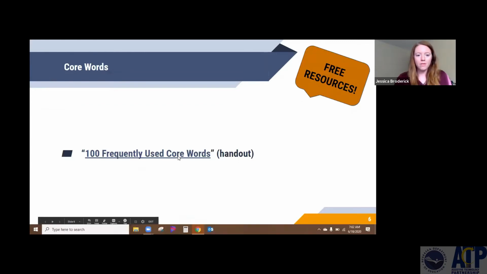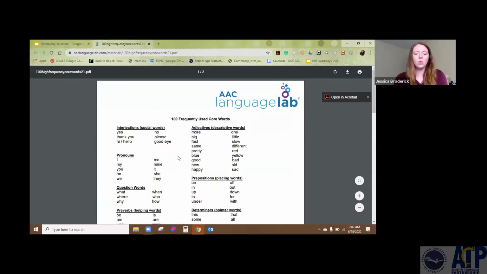As way of illustration, I'm going to show you this handout. This is something that will be available to you in your handout folder. This is from AAC Language Lab, which is a fabulous website for all things AAC. But just to let you know what we're talking about, these are 100 frequently used core words and things that are often included in a core word AAC system.